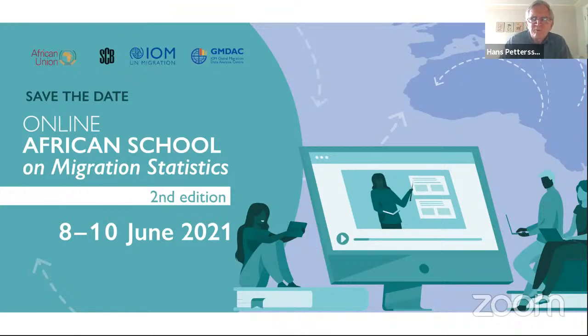Well, when we present the migrant numbers, the total number of migrants or total number of migrants 15 plus, this is actually based on data from the countries. There may be data from their surveys, or maybe data from census, we don't know.